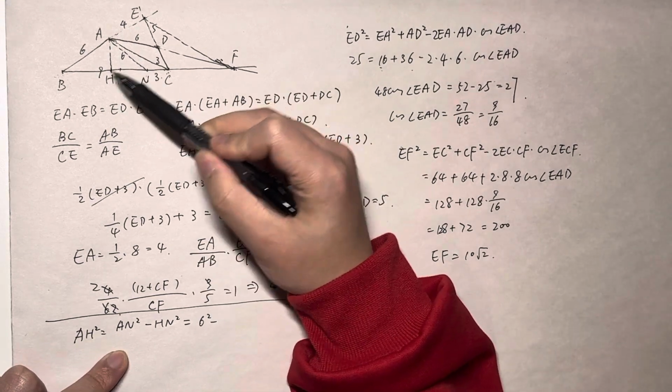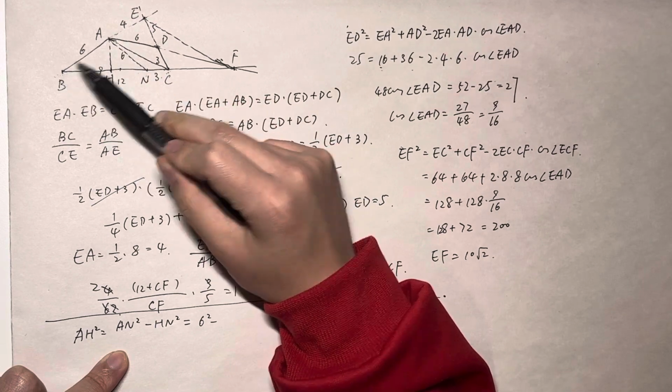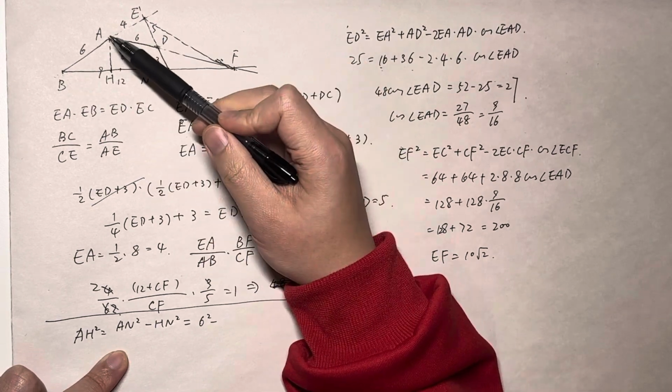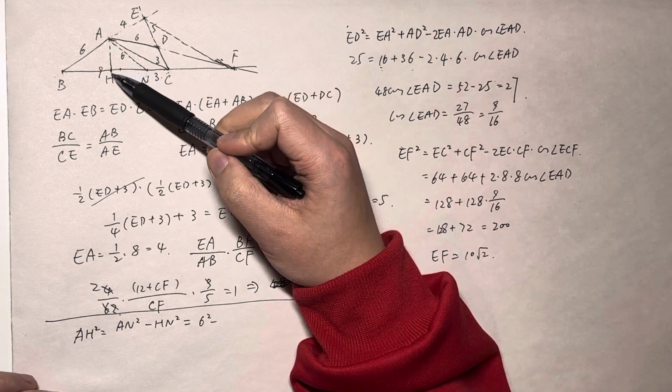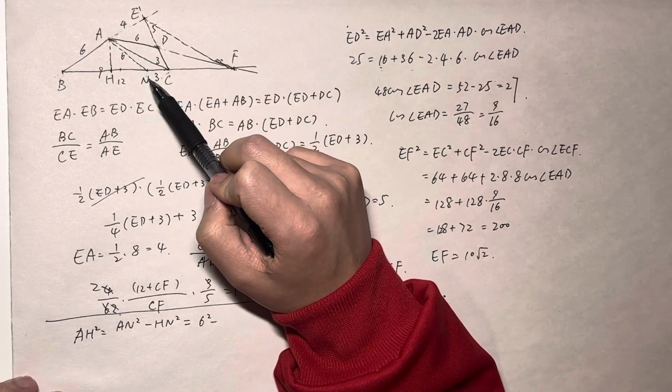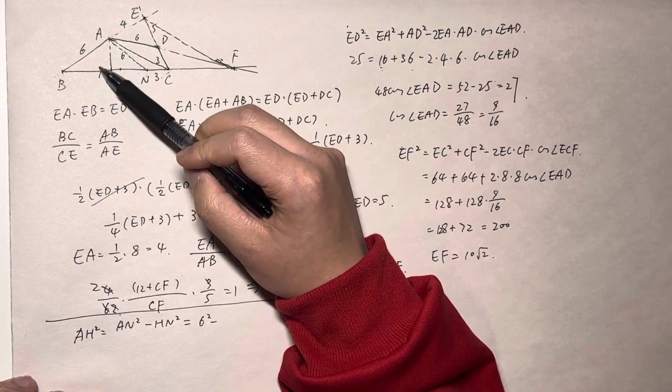So what is HN? Because AN equals AD equals AB, triangle ABN is an isosceles triangle, which means H is the midpoint of BN. So HN equals 9 by 2.